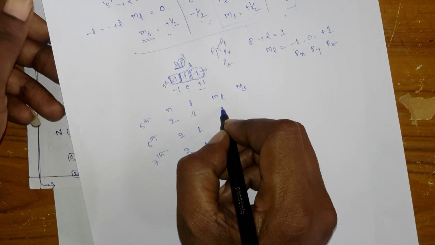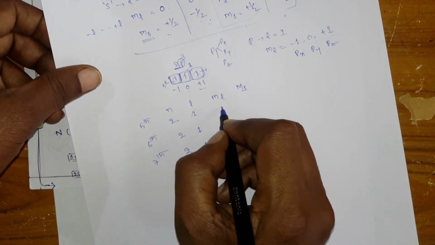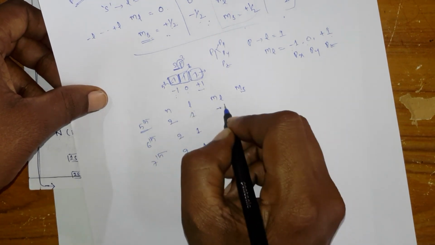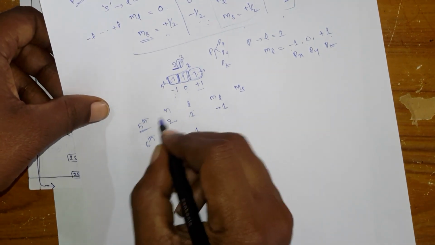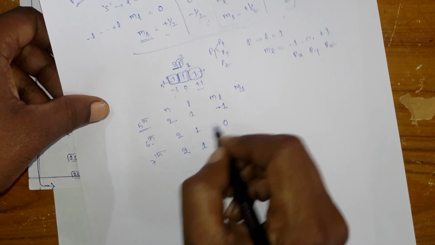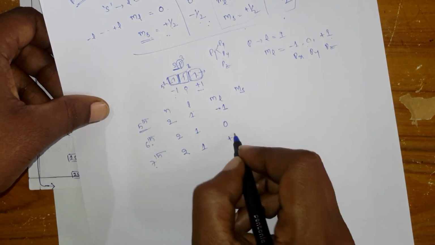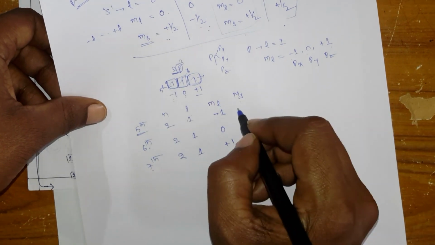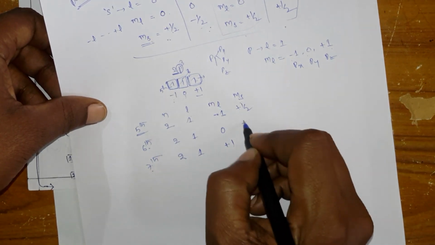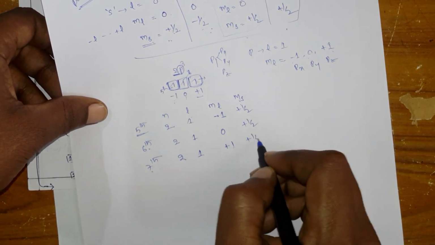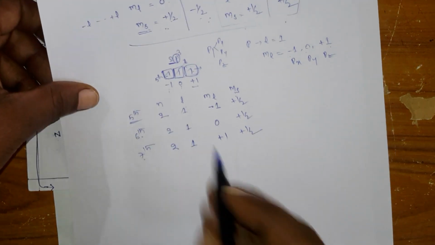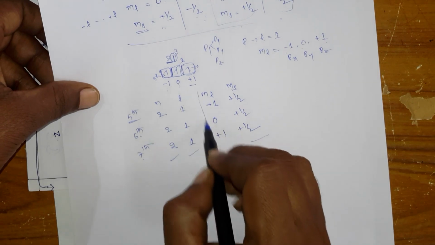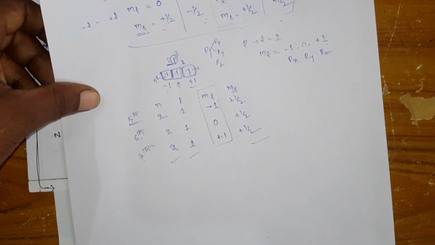Come to the ml. Here this fifth electron is in minus 1, the sixth electron is in 0, and the seventh electron is in plus 1. What about ms? All are upward, so you write plus half, and plus half. You see, the n is same, l is same, ms also same, but the ml is different.